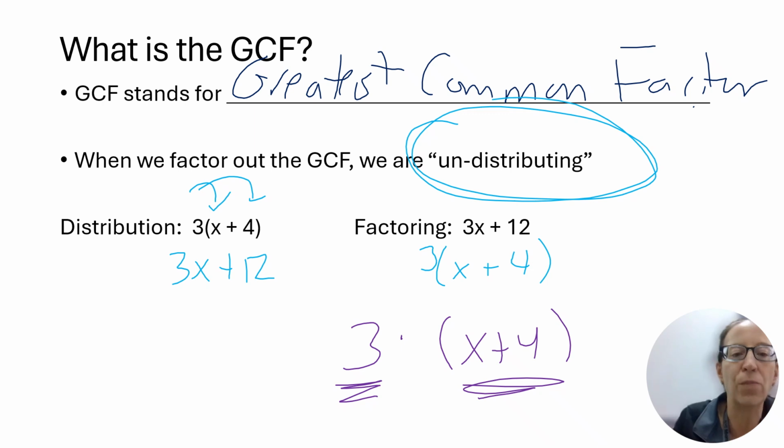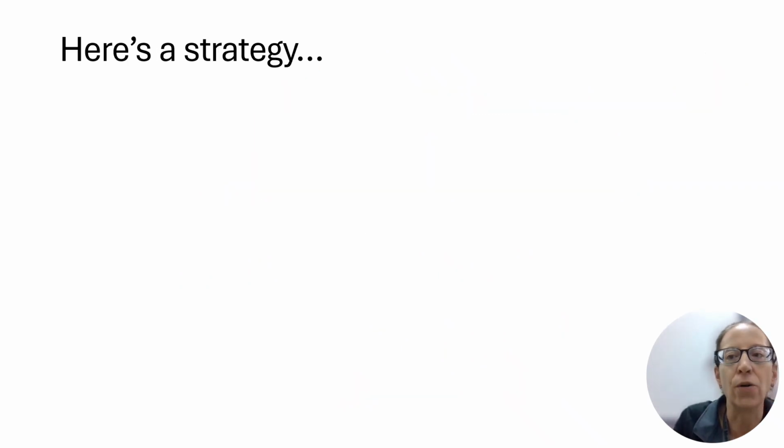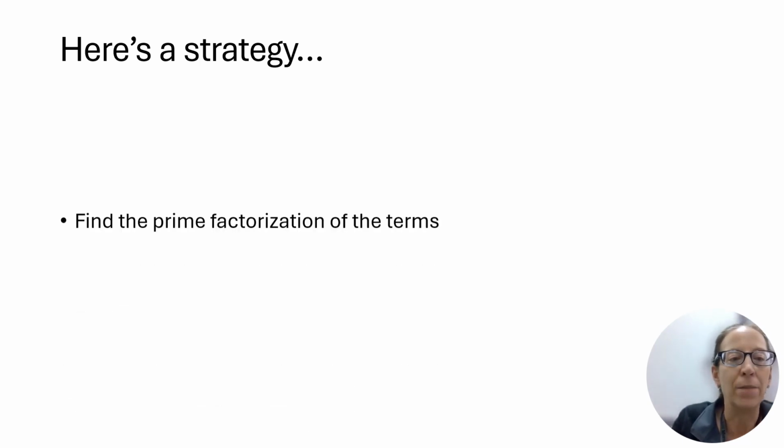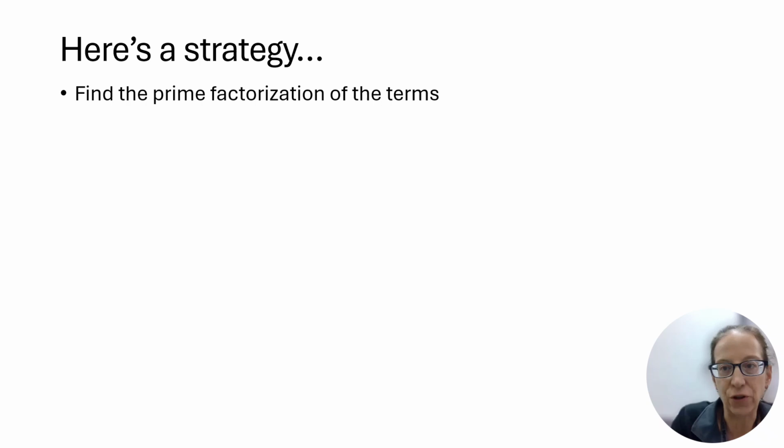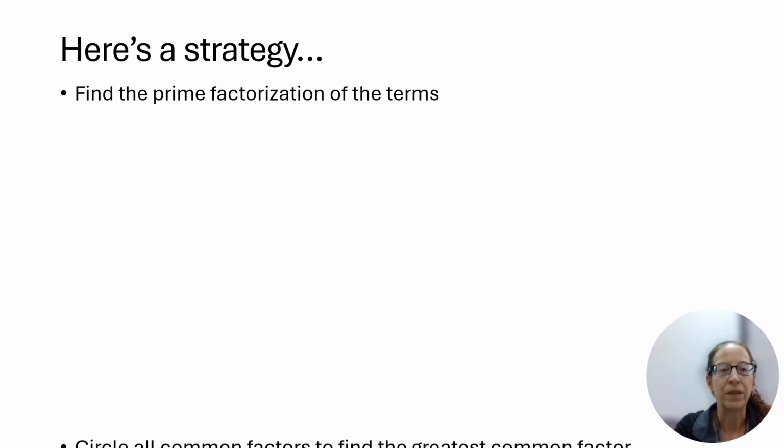All right, so how can we get good at doing this? Here's a strategy for you. I'm going to outline the strategy, and then we're going to do a ton of examples so you can see how it works. First of all, get the prime factorization of the terms. Everything you've got in there, you're going to prime factor it. Please make sure you keep track of where the pluses and the minuses are, because we don't want to get the factors all jumbled together.